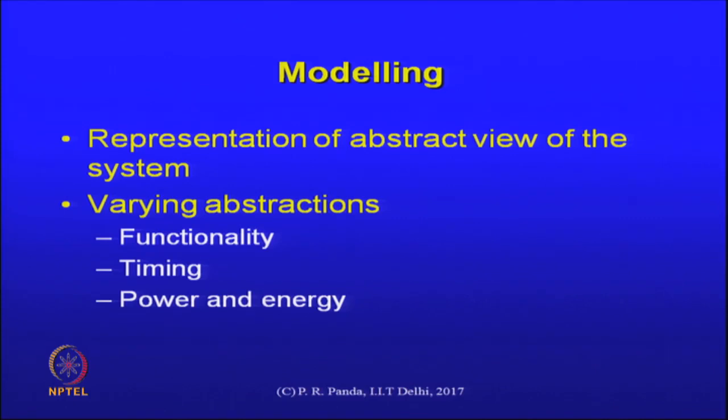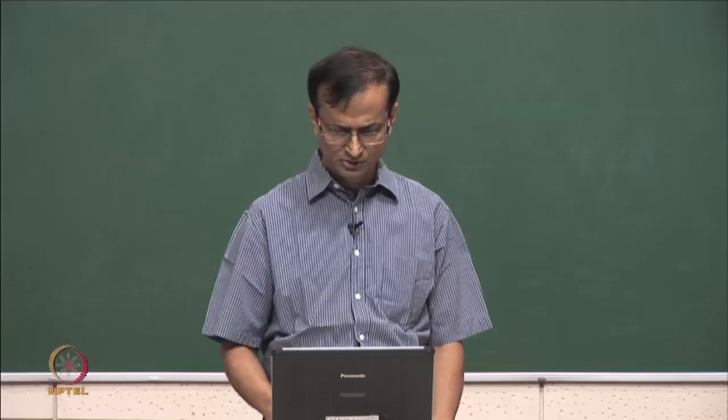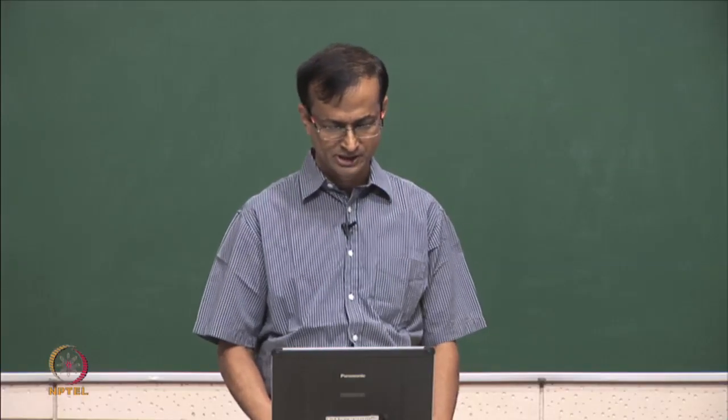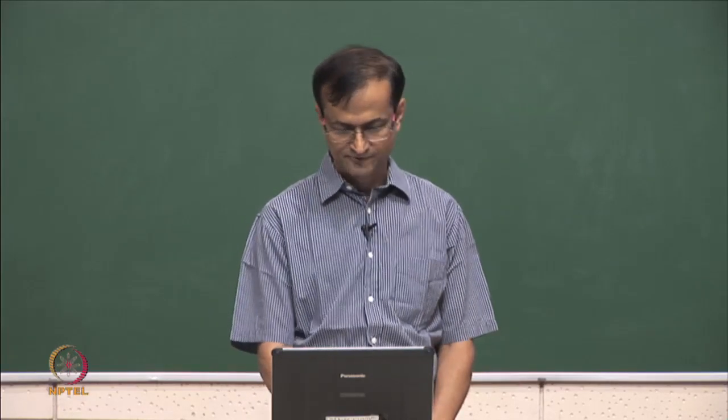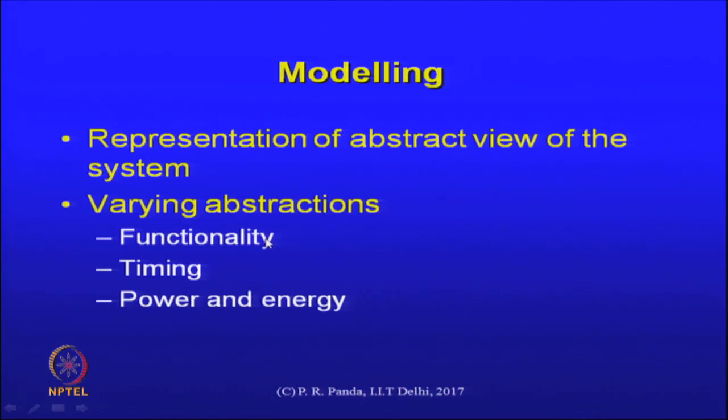Abstract as opposed to detailed, meaning that some aspects of the working of the system are captured properly, not necessarily all aspects. We will talk about what are those abstractions, but it could be that we have functionality of the system being captured as part of the modeling.